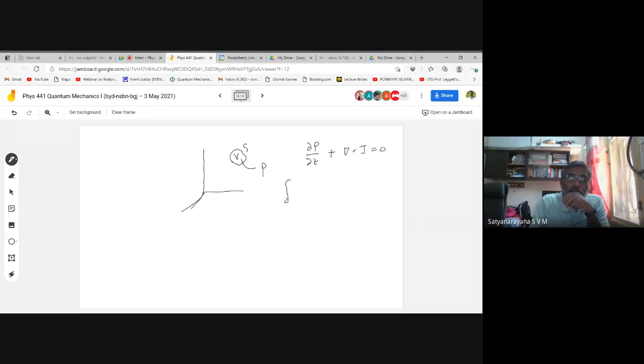Suppose I integrate del rho by del t into d3r over that volume, plus the integral of del dot j d3r over that volume, is equal to 0. That means the first term is equal to del by del t of the integral over V of rho d3r. So what is this? This is basically the probability in volume V.